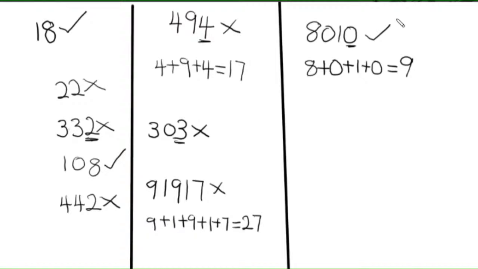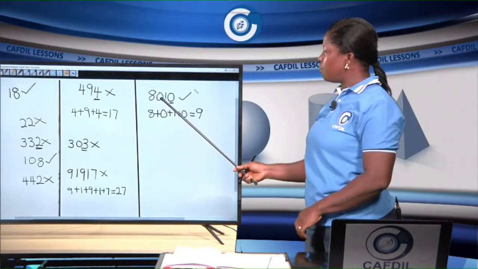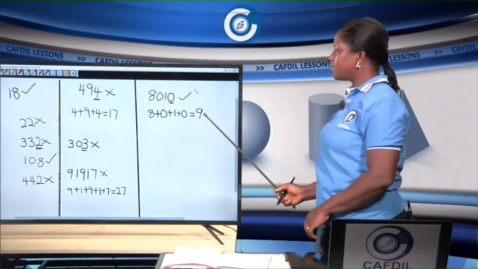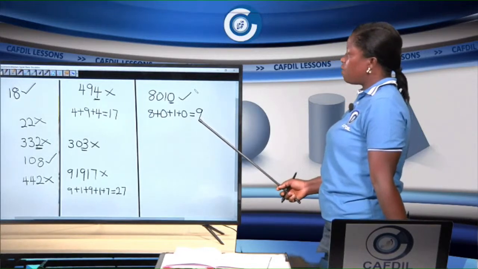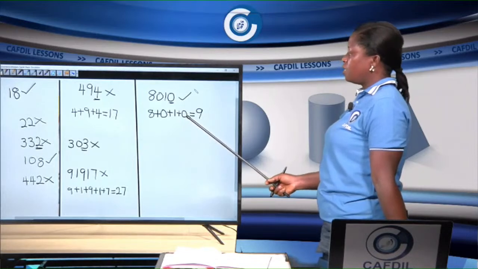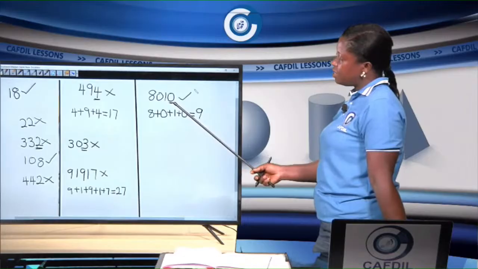This number is divisible by 18 because when we add all the digits, 8 plus 0 plus 1 plus 0 gets 9. That is what we have done beautifully over here. After that, you check the last digit.